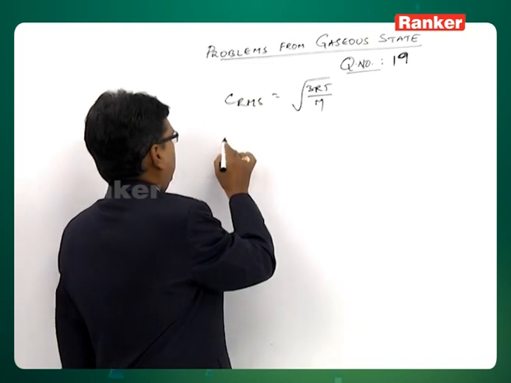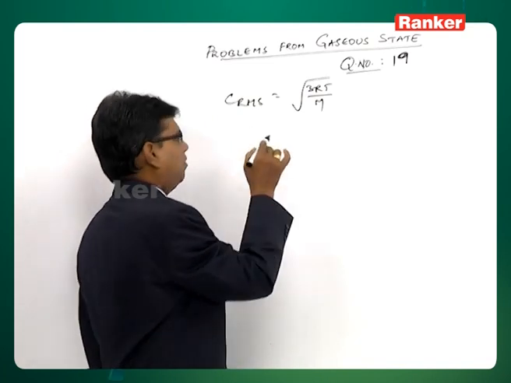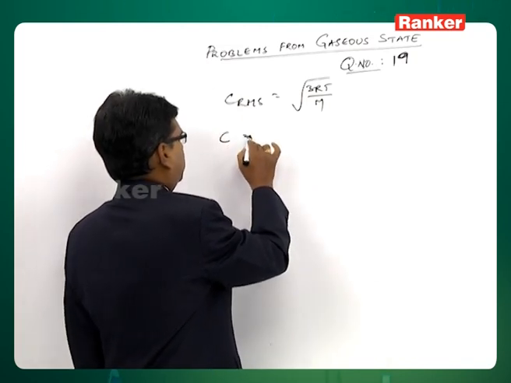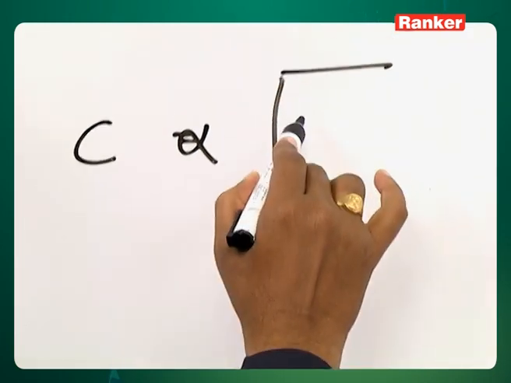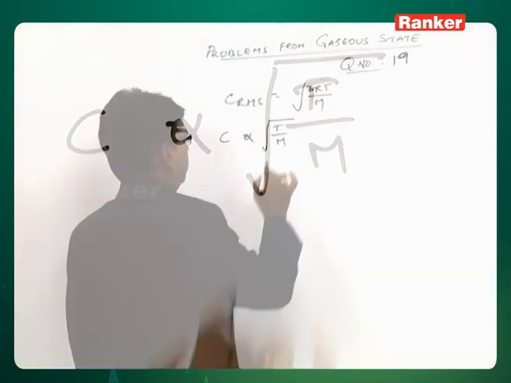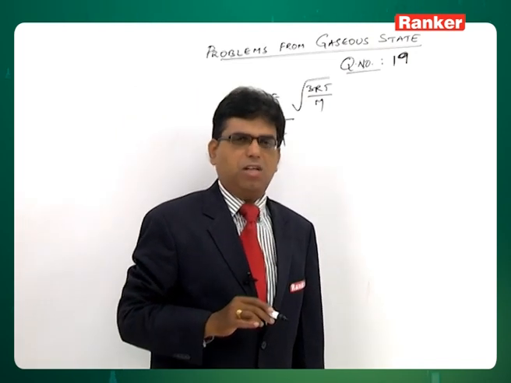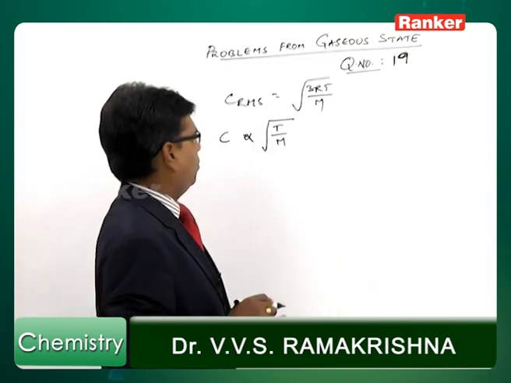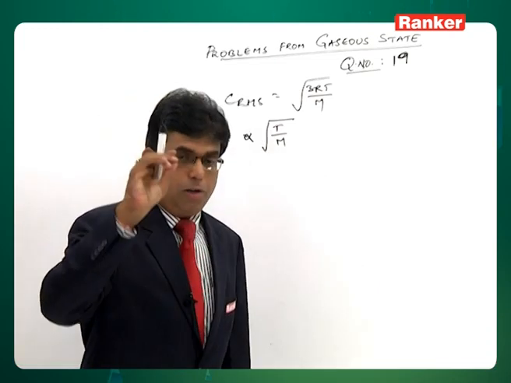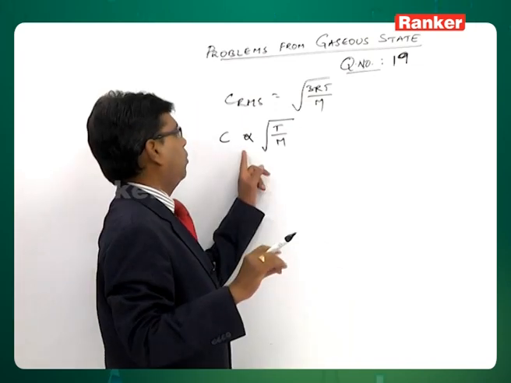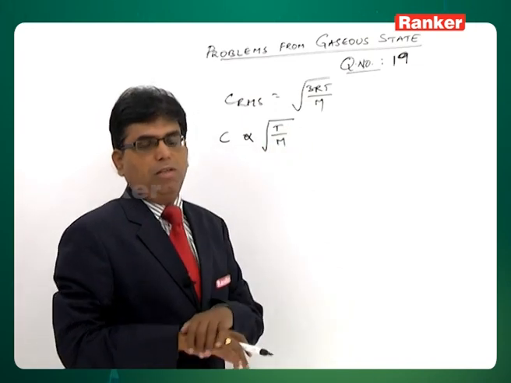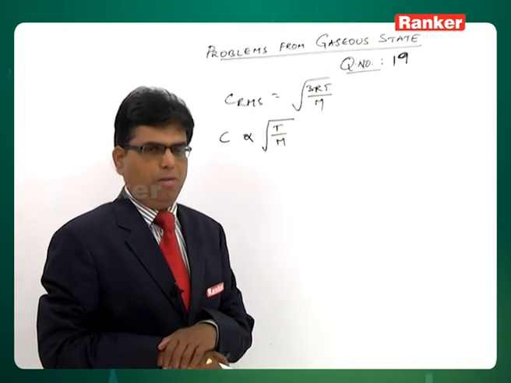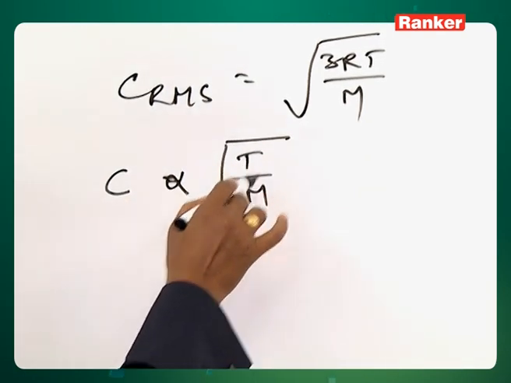In fact any velocity, whether it is RMS velocity or most probable velocity or average velocity, the molecular velocity is proportional to under root T by m, directly proportional to square root of temperature and inversely proportional to square root of molecular weight. So, C is proportional to under root T by m.